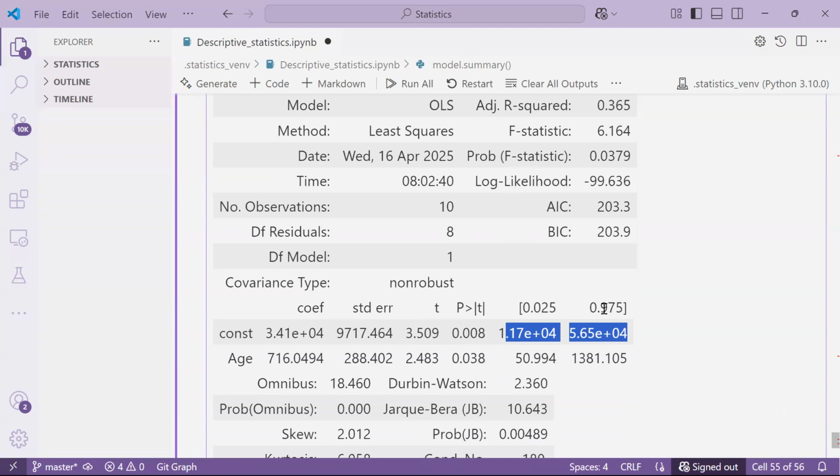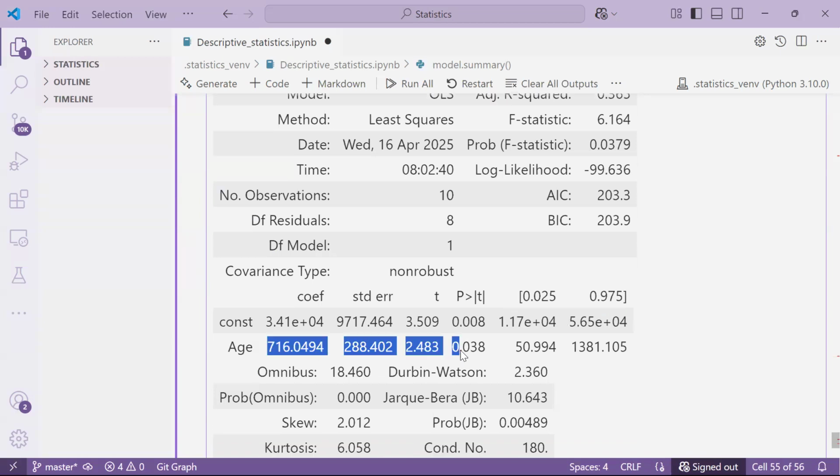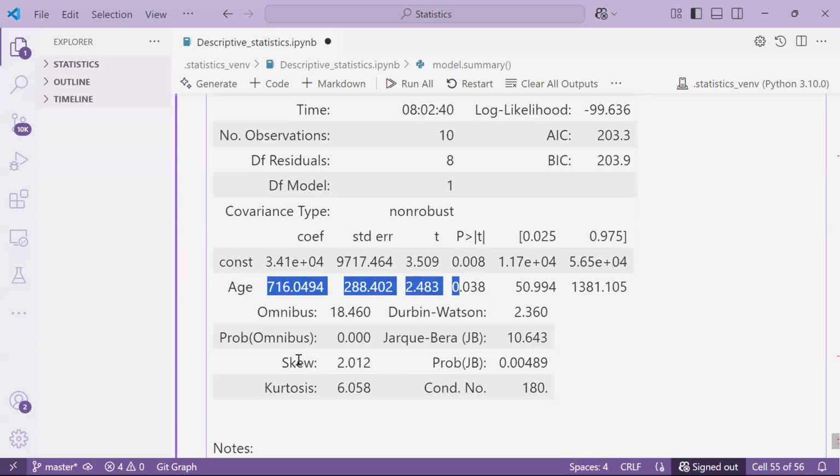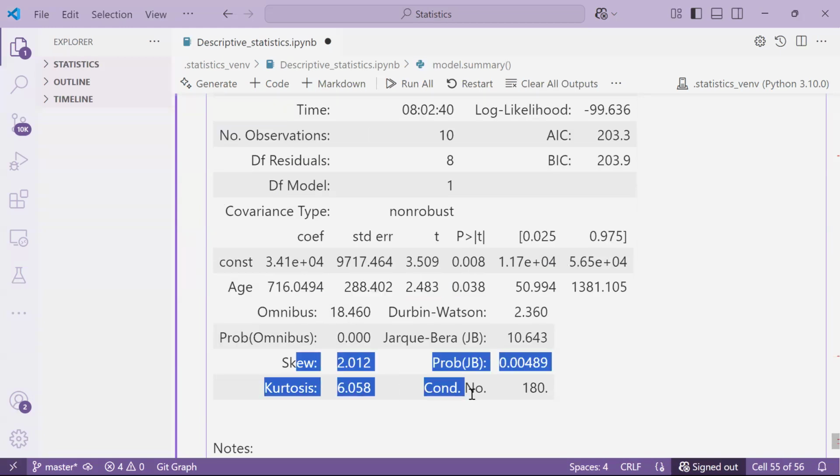So it's 0.25, and this is 97 percent. Between this range only, the constant value lies: not less than this one, not greater than this one. And this is your age. Here we can see the skewness and kurtosis values, right?